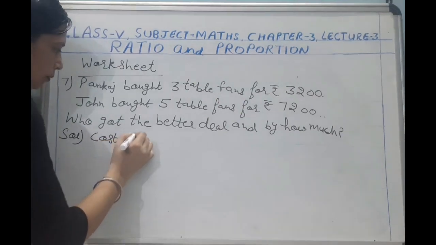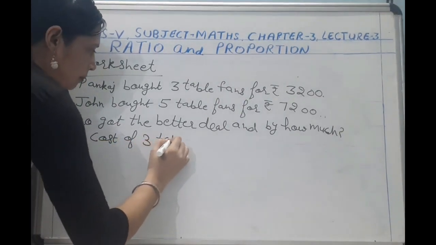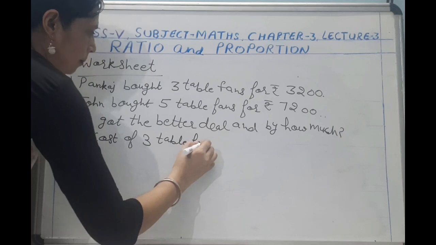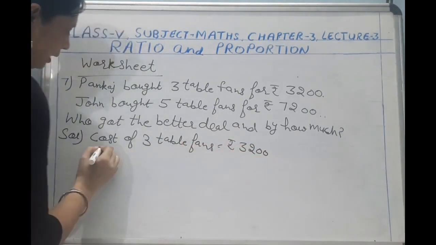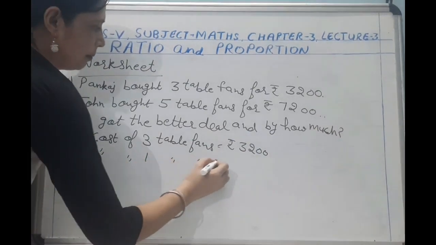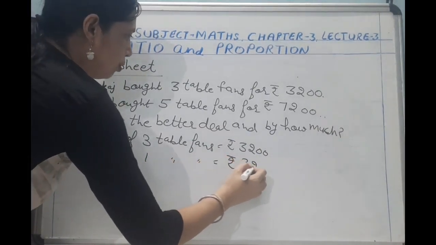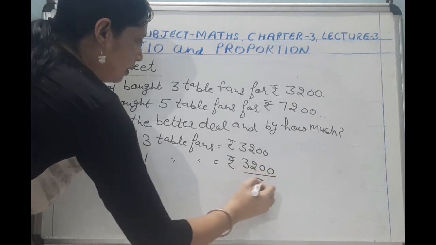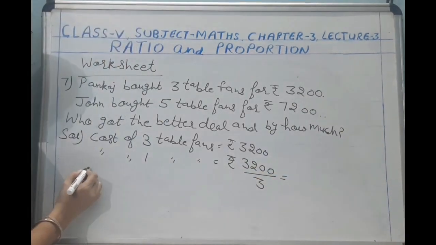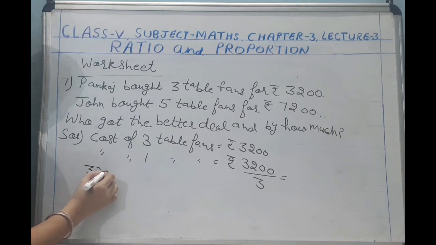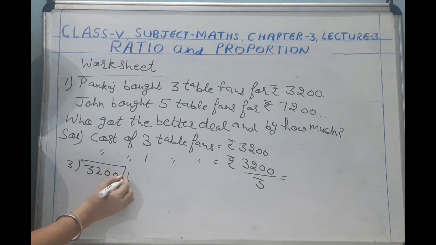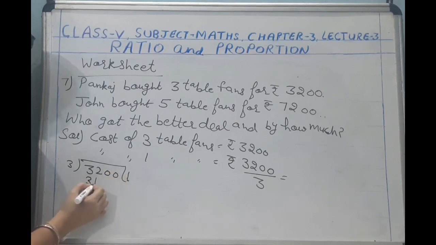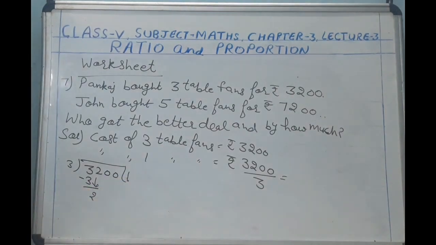Cost of 3 table fans is equal to ₹3,200 and cost of 1 table fan is ₹3,200 divided by 3. 3 ones are 3. Take 2, not possible to divide because 2 is less than 3.